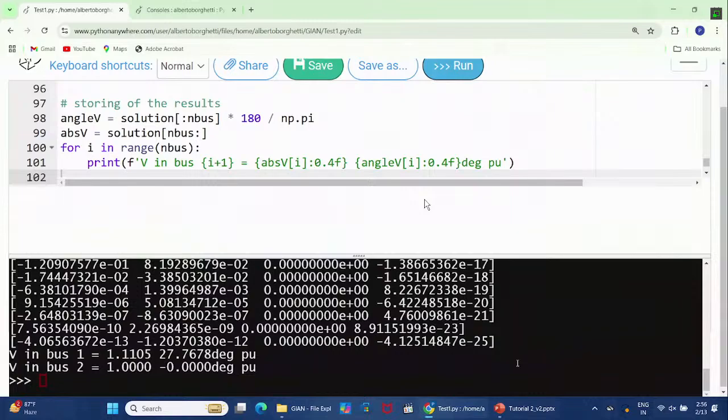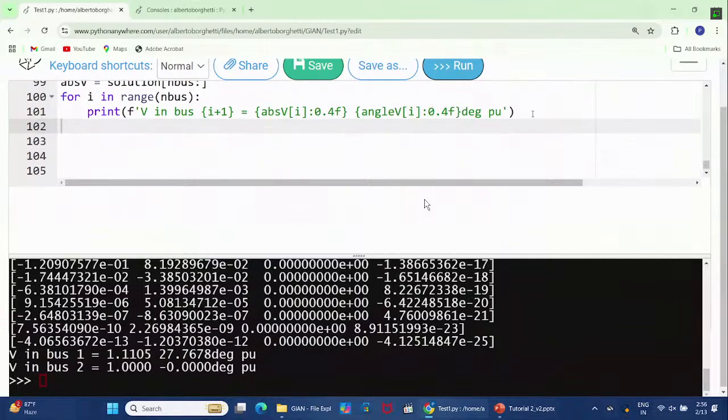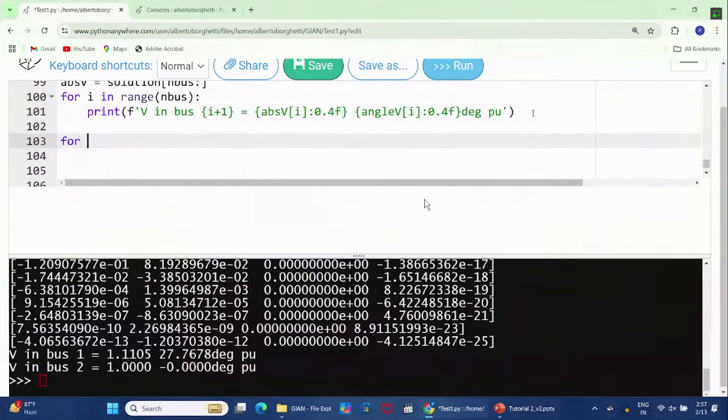We can also calculate the power at the beginning. Or we can also print the power at the beginning of our branch. So we can also say for i, I will put the list of branches, because we are now taking the power in the list of branches, list_branch.